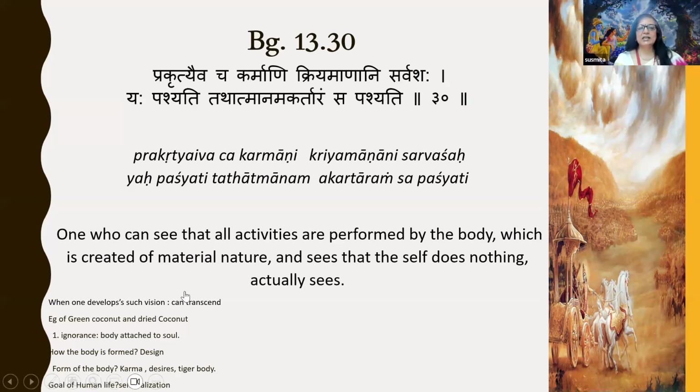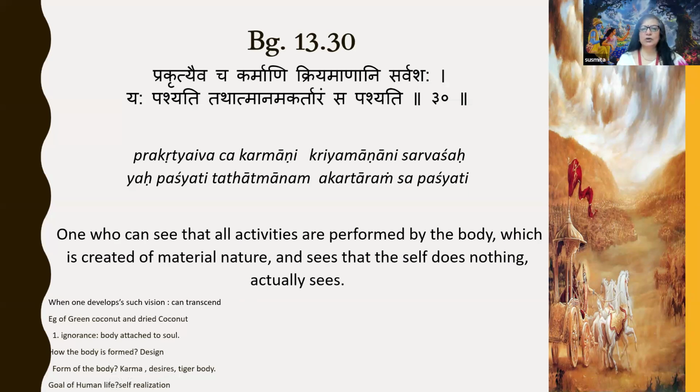So this is what Krishna says. One who can see that all activities are performed by the body, which is created of material nature, and sees that the self does nothing, actually sees. So I'm not doing anything, it is the body that is doing, and that person is actually seeing, right?